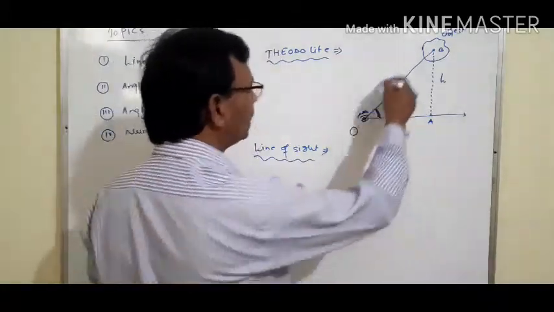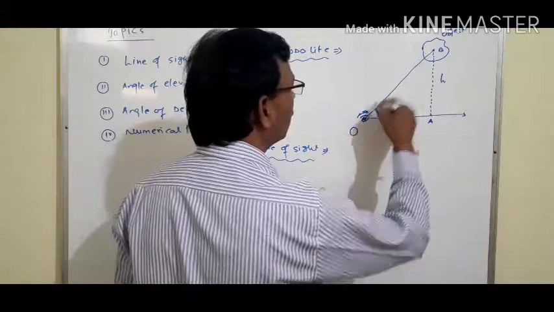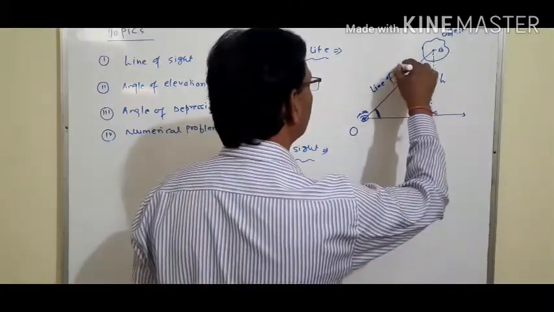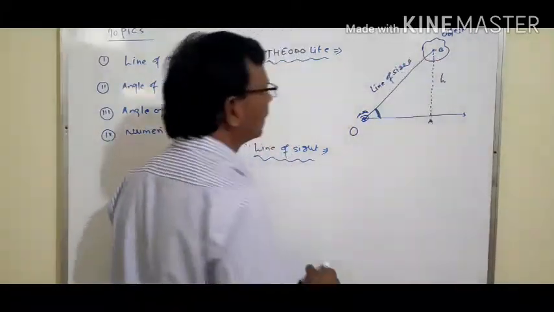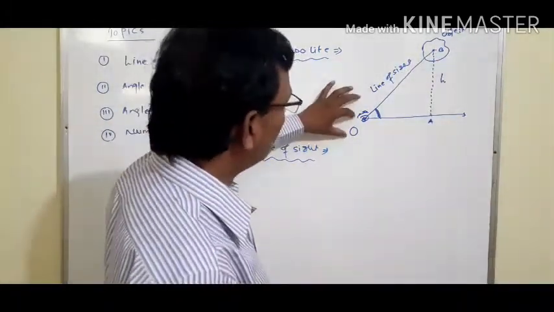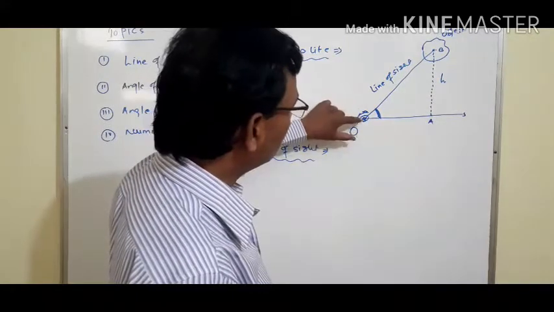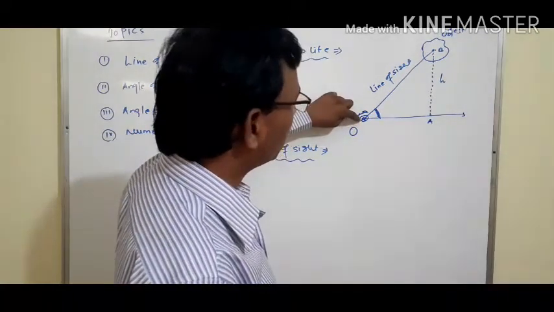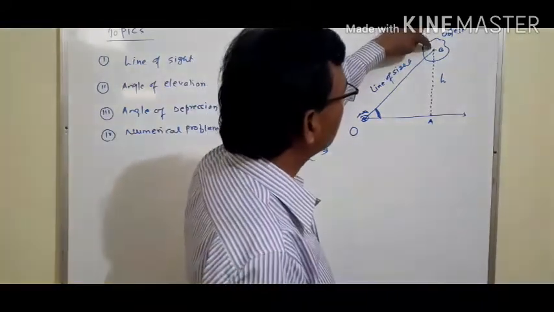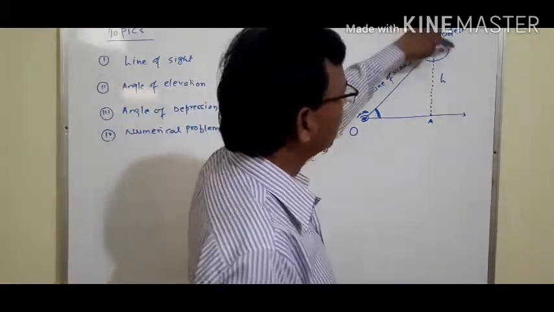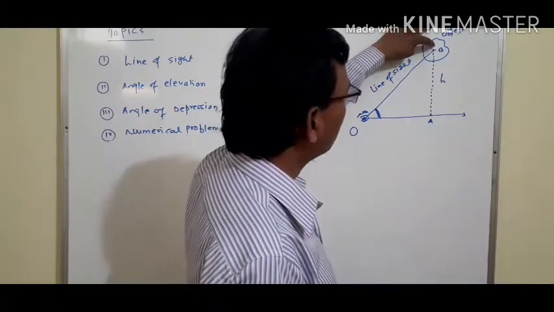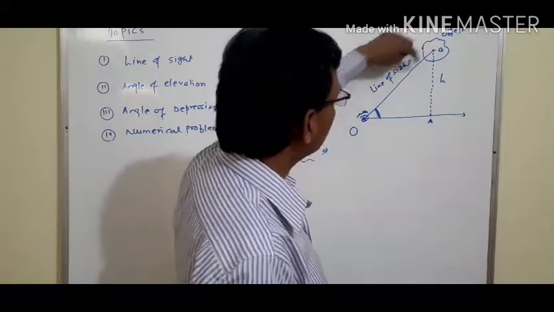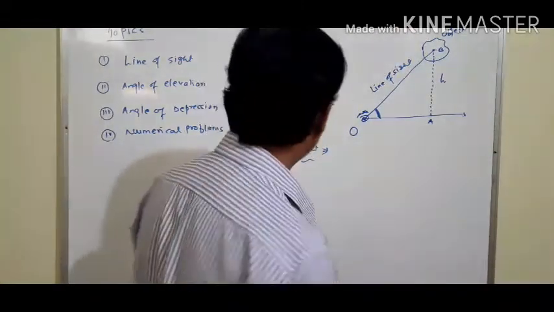Suppose in this situation the line OB is known as the line of sight. That means O is the observer and this is the eye of the observer, with a line drawn from the eye of the observer to a point on the object. Suppose this is the object and B is a point on the object. So the line joining O to B is known as the line of sight. This is a very important thing.